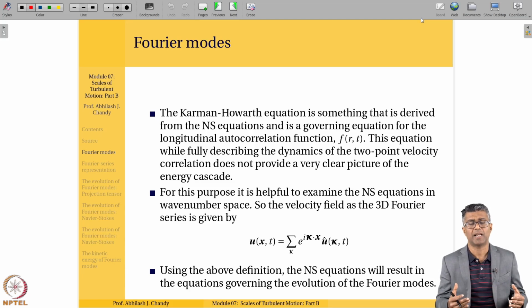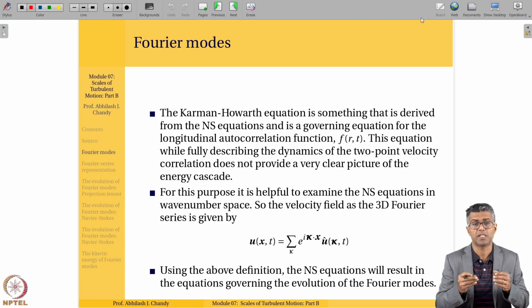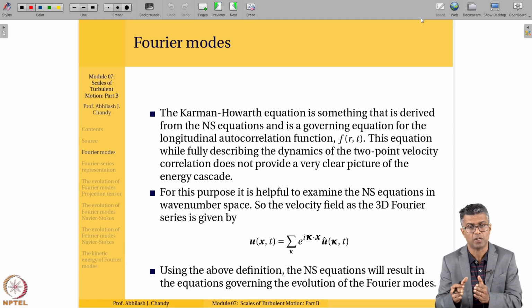So a spectral analysis is required, to look at how much energy, for example, is there at each frequency. And in turbulence, typically we look at wave numbers instead of frequencies.